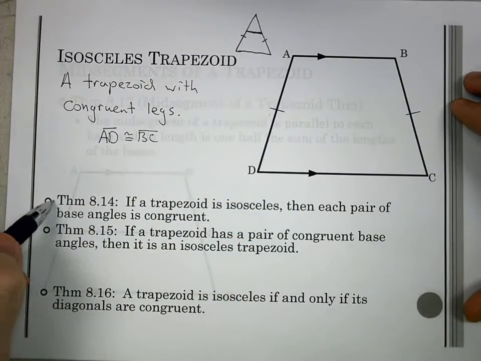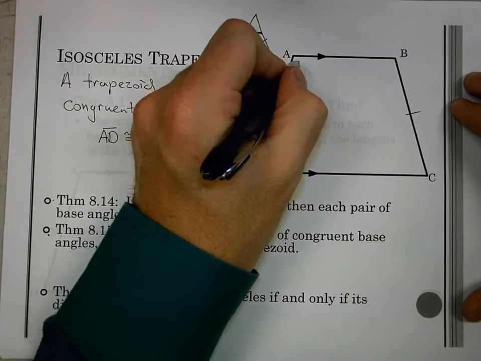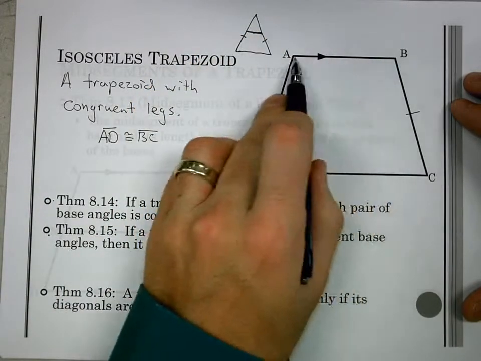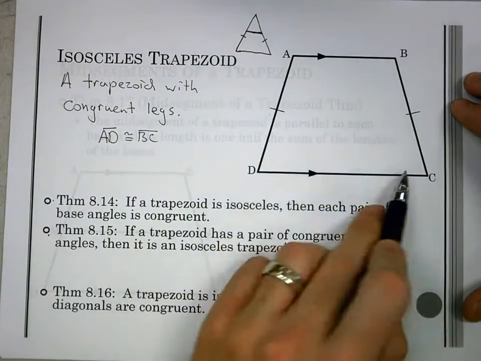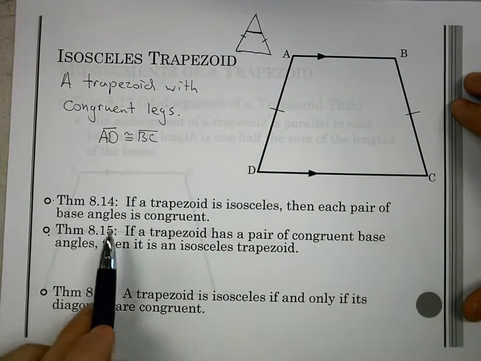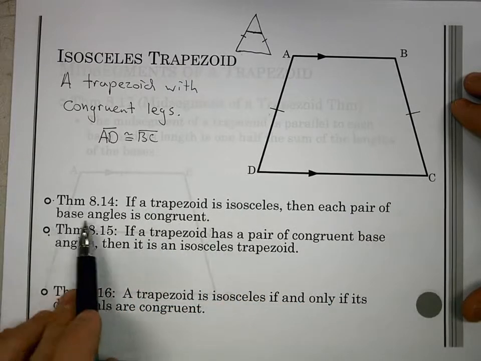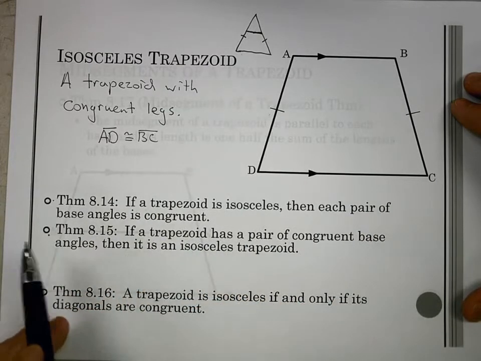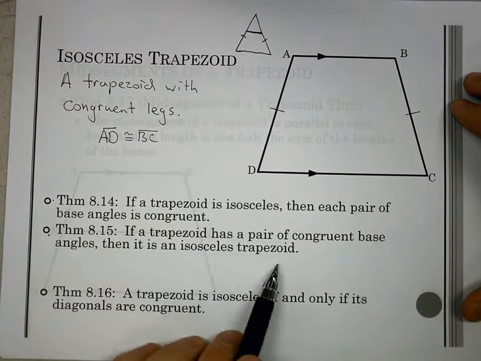Now, theorems 8.14 and 8.15 are talking about the base angles. Remember, our base angles share that base, or that parallel line. That'd be the AB base angles and the DC base angles. 8.14 says if a trapezoid is isosceles, then each pair of base angles is congruent. 8.15 says if a trapezoid has a pair of congruent base angles, then it is an isosceles trapezoid.